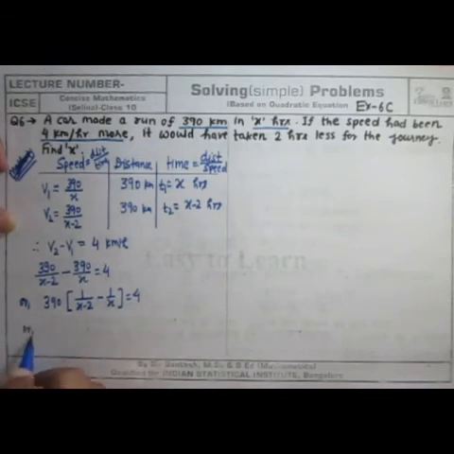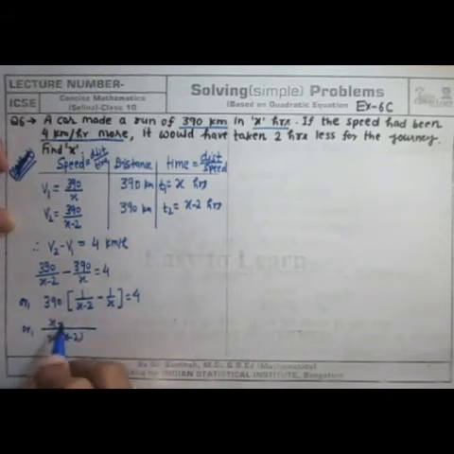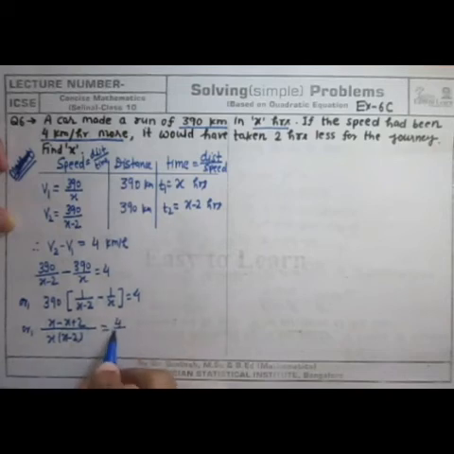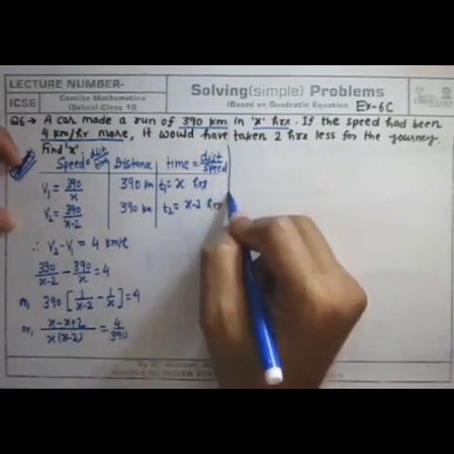So next LCM will be x into x minus 2. Here it will be x minus x plus 2 is equal to 4 by 390. Shifting 390 this side. Now make a space here.